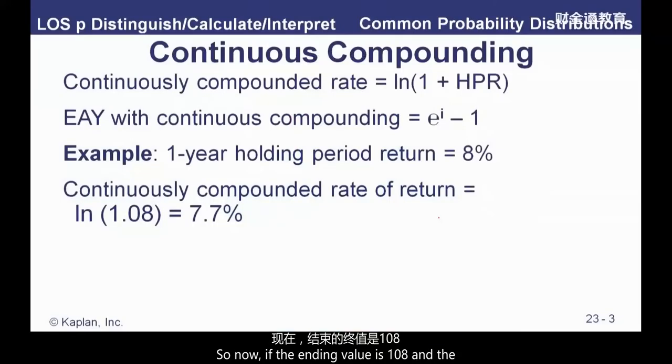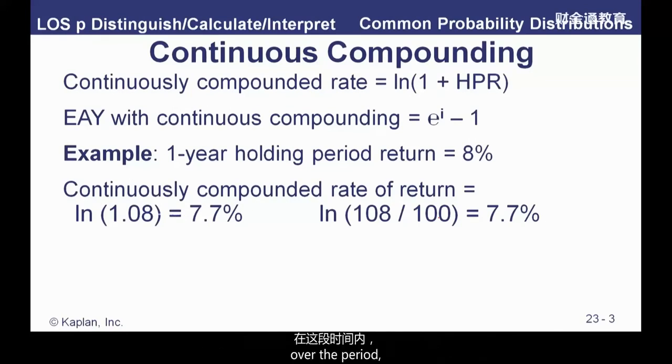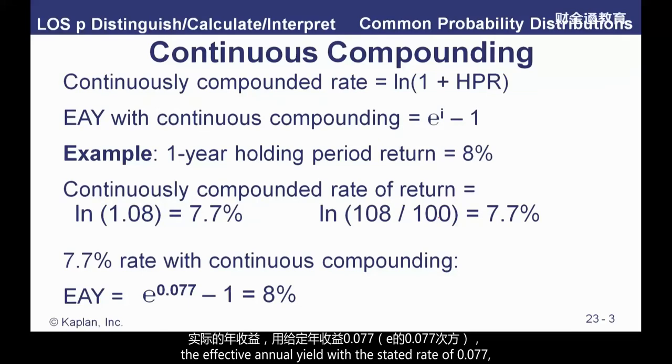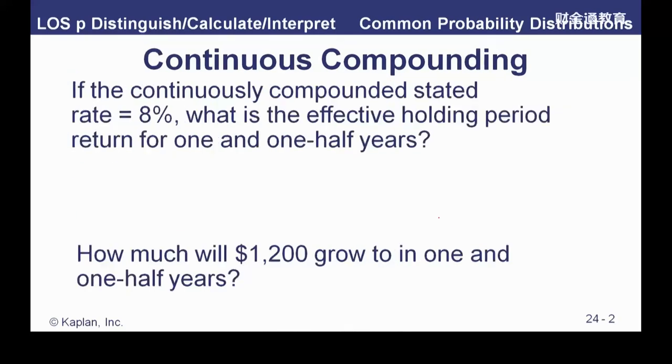So now, if the ending value is 108 and the beginning value is 100, so that's an 8% effective return over the period, we take the log of that and get 7.7%. And we can go back the other way, as I showed. The effective annual yield with a stated rate of 0.077, 7.7%, minus 1 is 8%, and we get back to our effective annual yield.